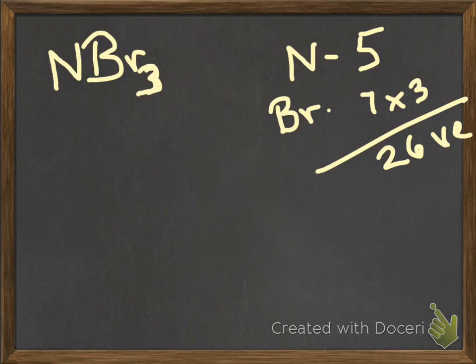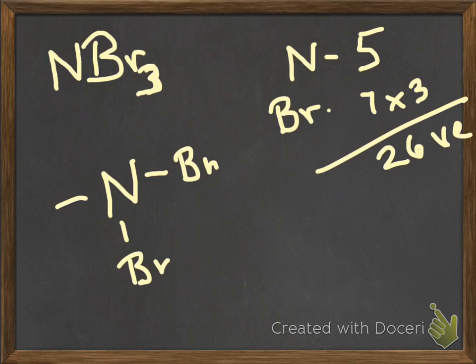Okay, so nitrogen is going to be the central atom. It's going to be connected to 3 bromine atoms. Okay, once we've got that done, now we need to give every atom a full valence of electrons. So we're going to add electrons around so that each atom has 8 valence electrons.